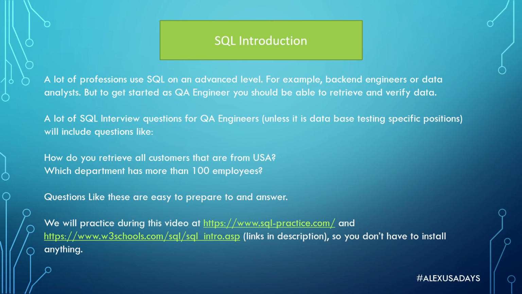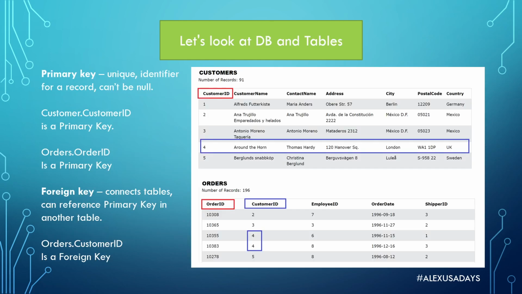Okay, so how does a database look, right? Here we have two tables that are coming from a database. We have a customers table and we have an orders table. You can see the customers table at the top, and at the bottom you can see the orders table.